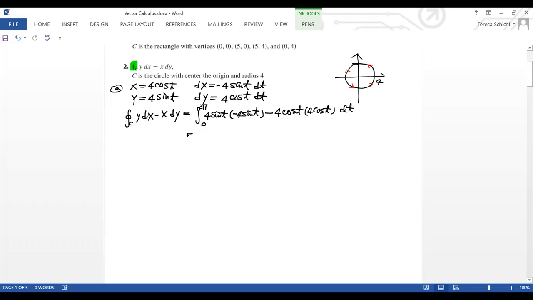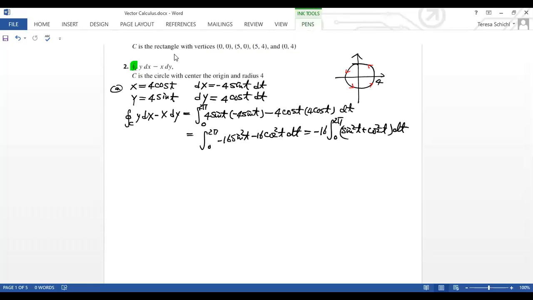So now let's take a look here. This is 0 to 2 pi. This is 4 and 4, so it's negative 16 sine squared t minus 16 cosine squared t dt. Well, this one turns out to be very beautiful. If I take negative 16 out, from 0 to 2 pi, this will be sine squared t plus cosine squared t dt.